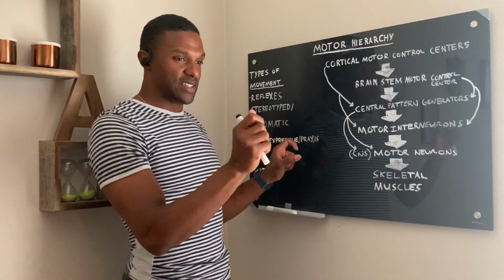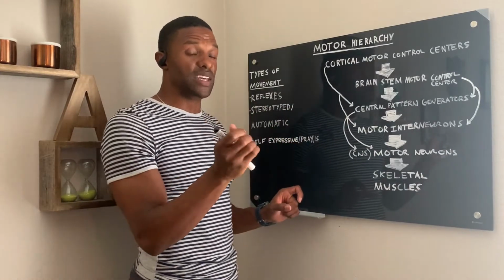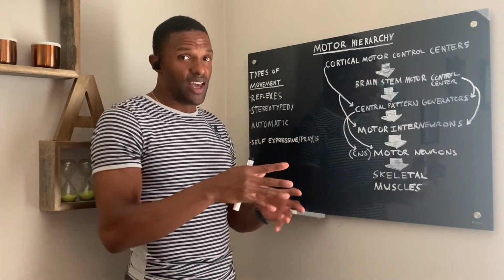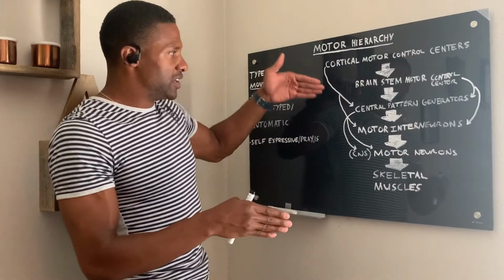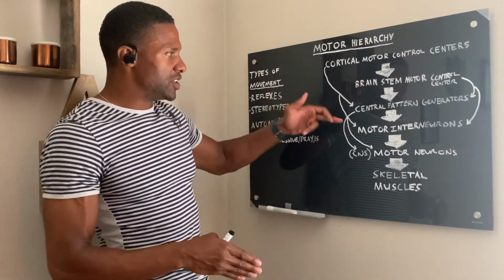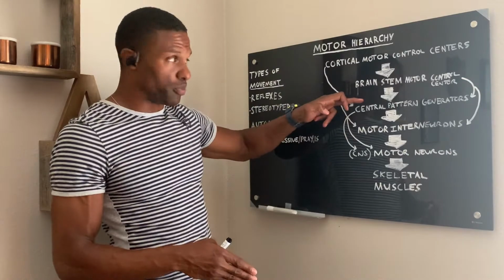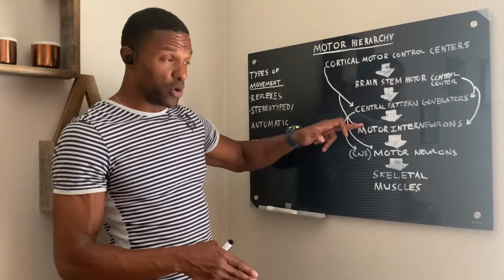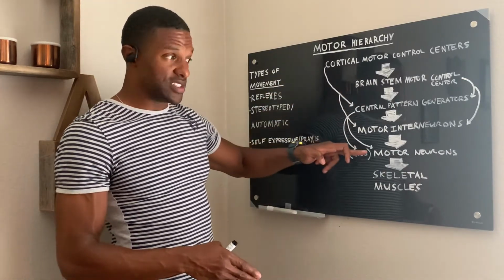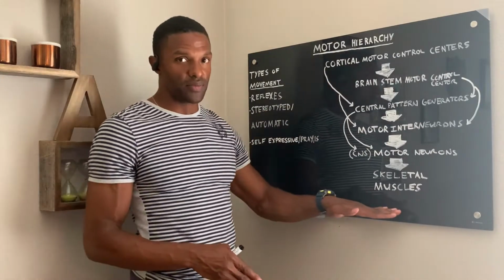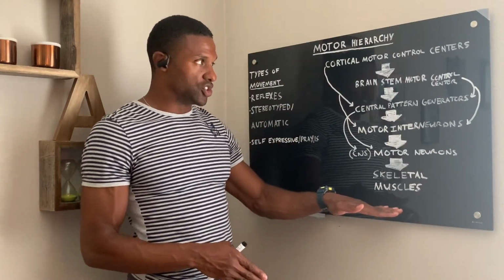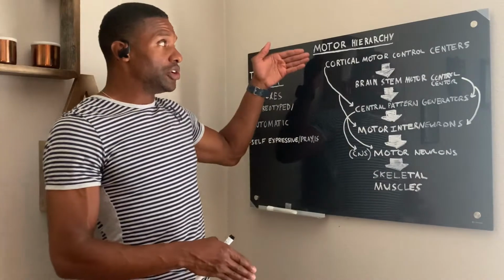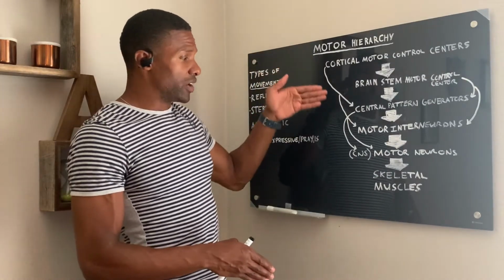And movement that creates action is imbued with meaning. It permeates it. And movement that has meaning, you can see it travels down to these lower processes, not only to the central pattern generators, but also to motor interneurons, as well as to motor neurons that support voluntary muscle contraction.